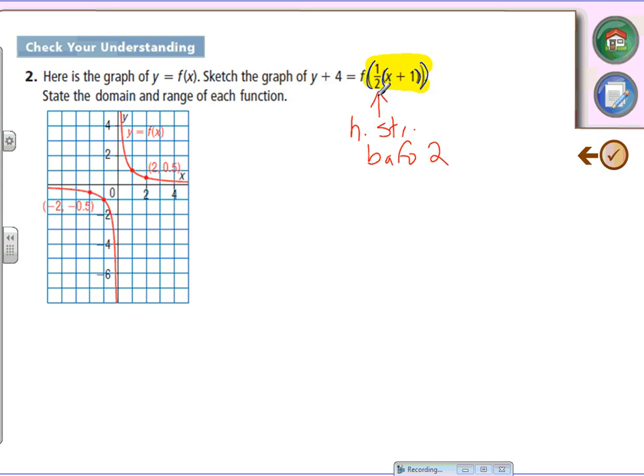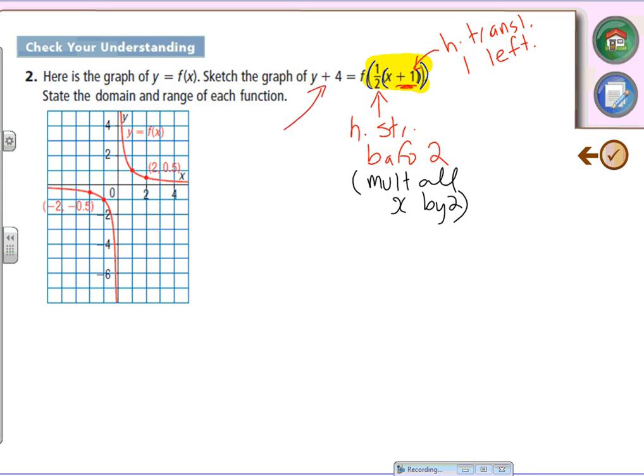In other words, that means in English, multiply all x by 2. Next thing, we're going to do our translations. And it doesn't matter which translation you do first. I'm just going to do my horizontal because I'm talking about it right now. So horizontal translation, and that's 1 unit opposite direction to the negatives, left. And finally, we've got this y plus 4. Hey, that's on the correct side where it's supposed to be.